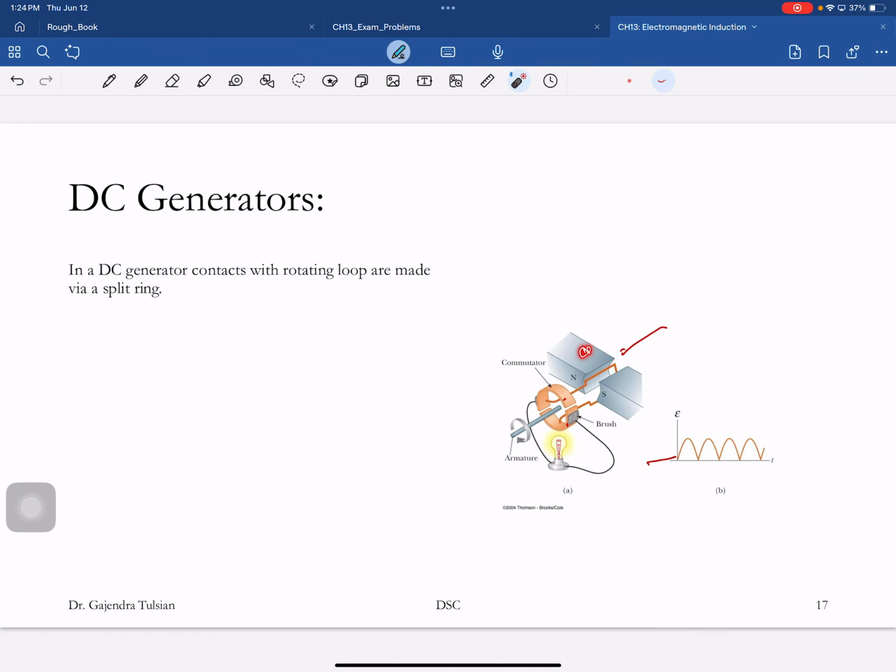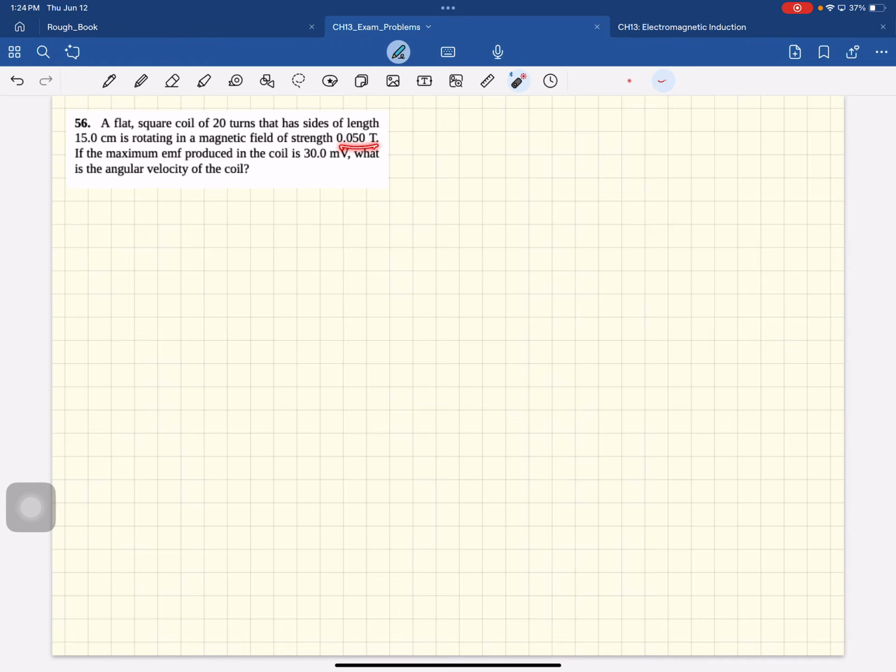That's the strength of these magnets, 0.05 Tesla, about 100 times stronger than the Earth's field. If the maximum EMF produced in the coil is 30 millivolts, what is the angular velocity?